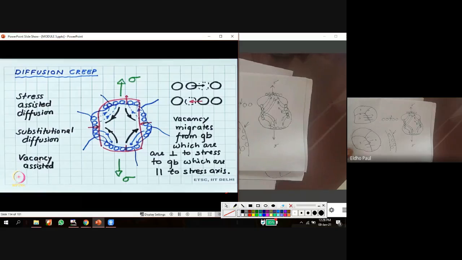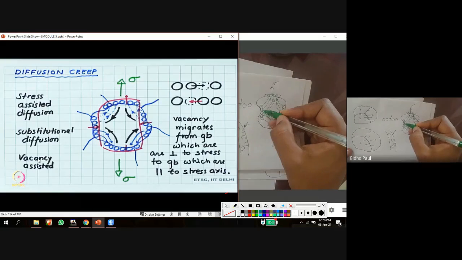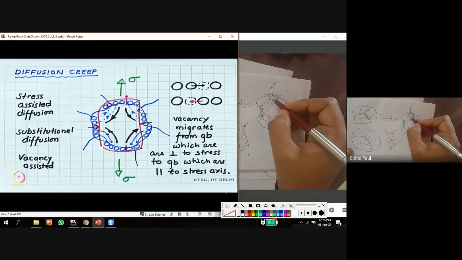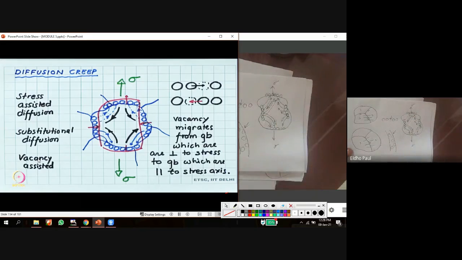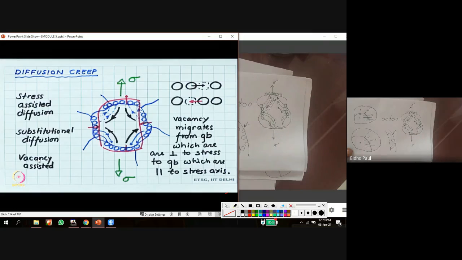When the atom moves from this point to this point, a vacancy is created here. So the vacancy movement will be in the opposite direction, and the atom movement in this direction. So atoms or vacancies migrate from the grain boundary.